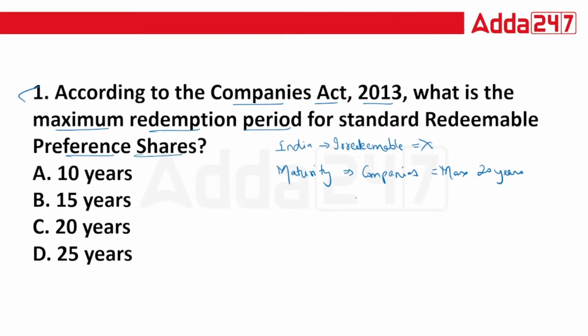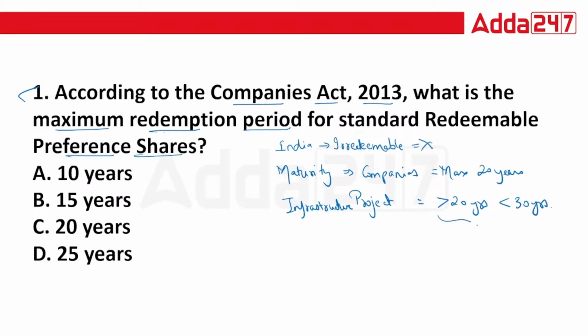But in case of a project, which type of project? An infrastructure project company, they can issue for more than 20 years. But remember, not exceeding 30 years. Correct? This is the life.